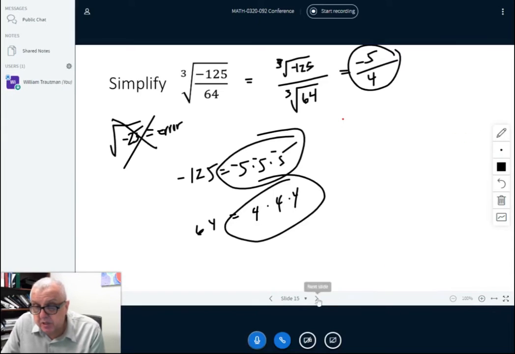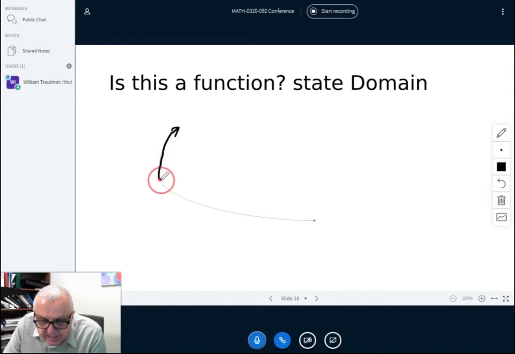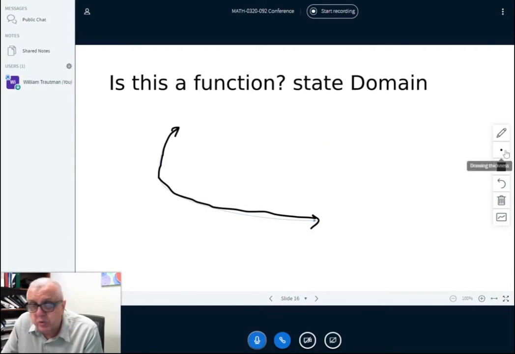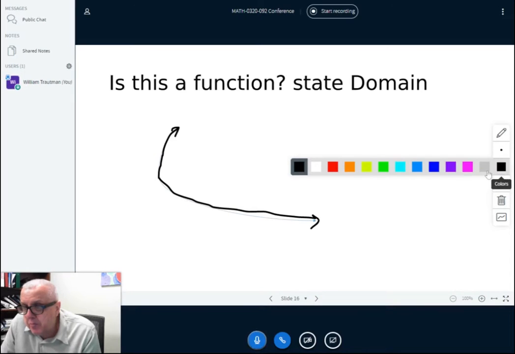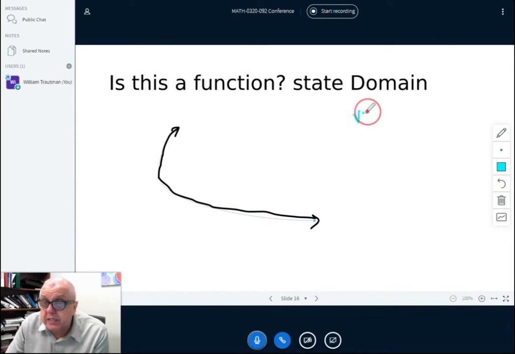All right, next problem. Is this a function? It's kind of hard to see. And this is the line. Is this a function? Yes or no? Remember, if something's a function, you can do the vertical line test.